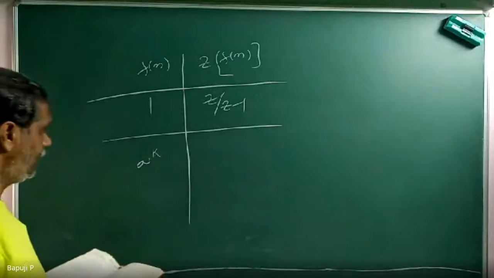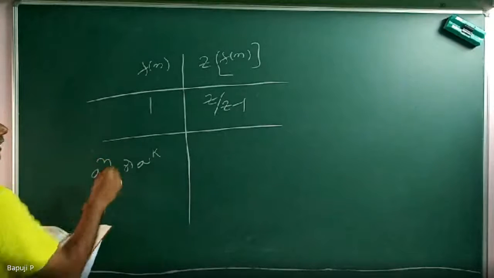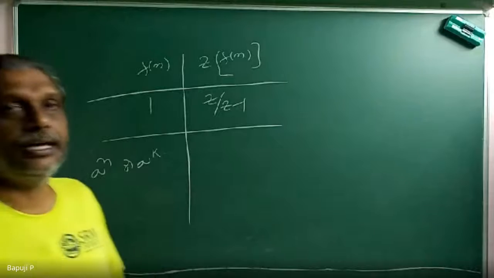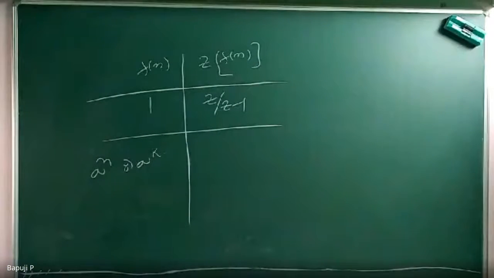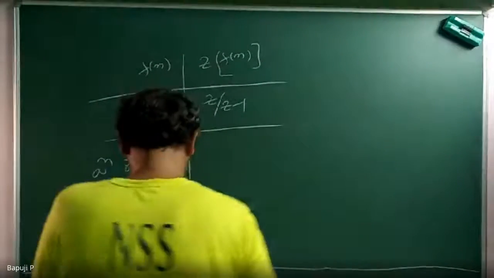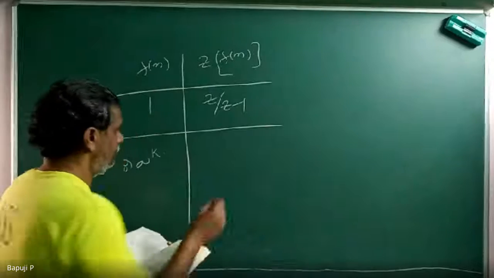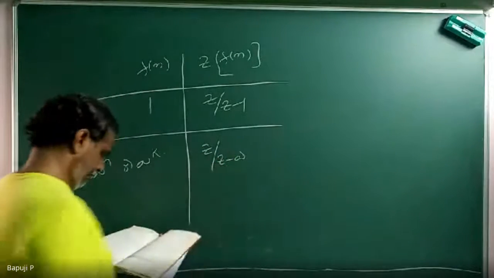Then a power k or a power n. They may use n or k. My n is running from 0 to infinity, or you can take k running from 0 to infinity. So Z of a power n is equal to what we get? Z minus a.